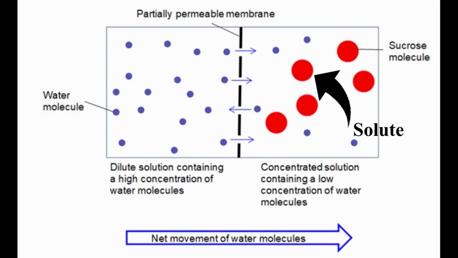But we have to put what we call a semi-permeable membrane between the two containers of water. A semi-permeable membrane is one that will allow water molecules to pass through, but will not allow the solute ions to pass through.